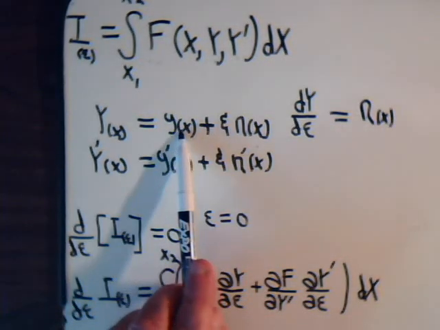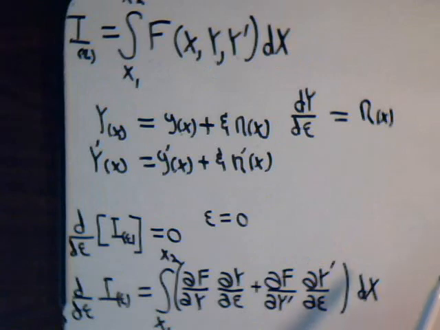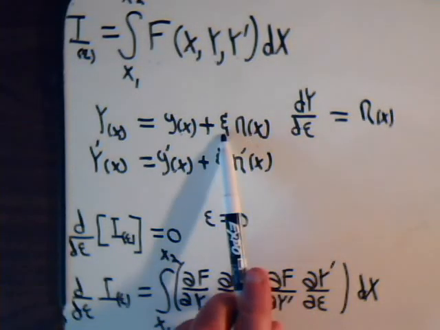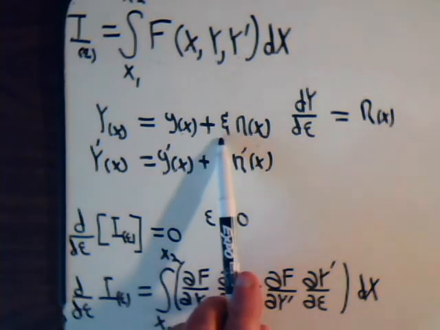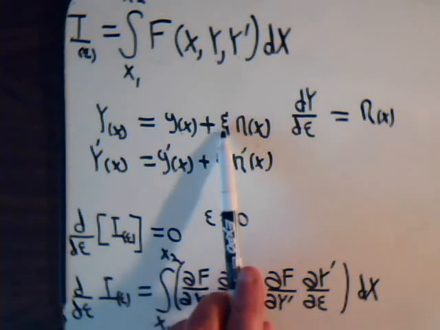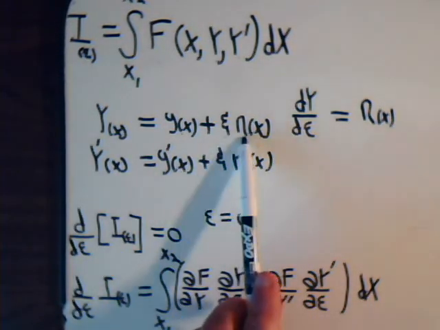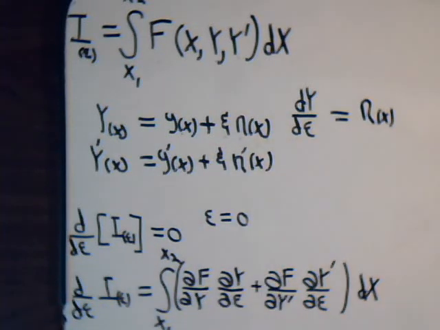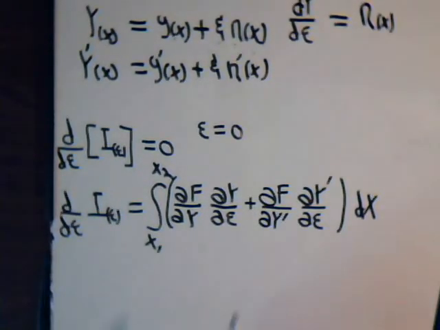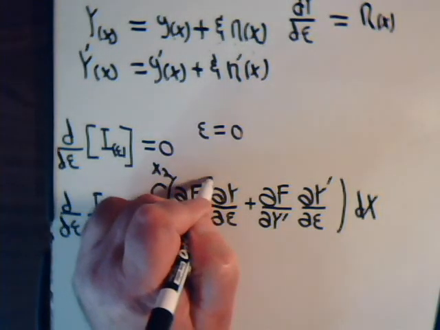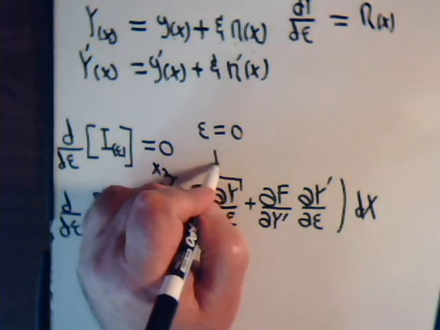The derivative of that with respect to epsilon, that's 0. Then we have this term, so we'll have this times the derivative of that. That's going to be d epsilon over d epsilon, which is 1, plus this times the derivative of that with respect to epsilon. Well, that's just 0. So here then, partial y with respect to epsilon, that's just nu of x.